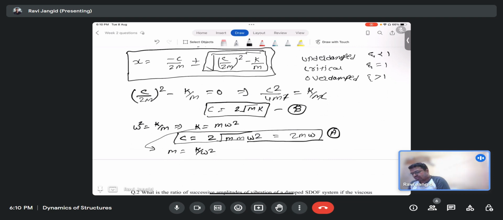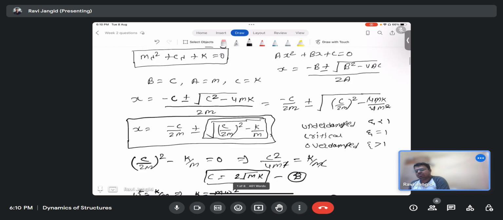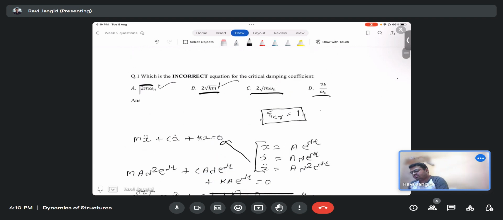So if I put it in this equation directly, c would become 2k omega by omega square. So that will come to 2k by omega. So that is option D. Okay, so D is also correct.